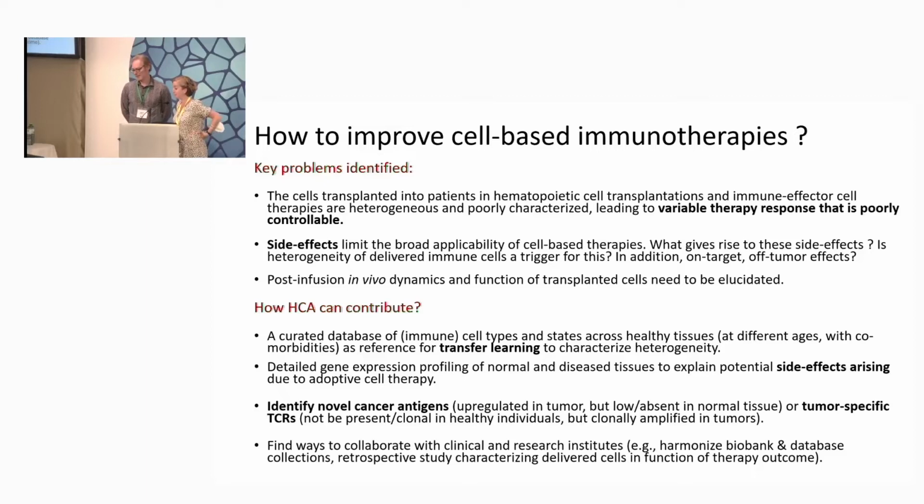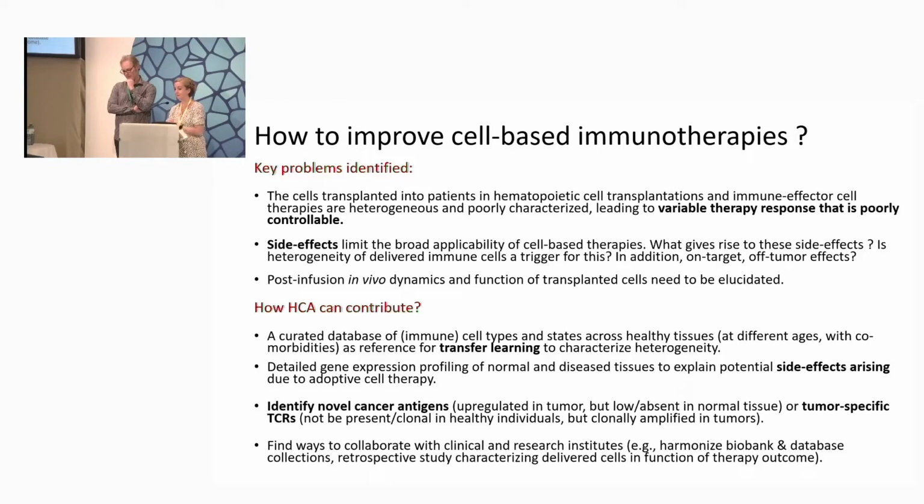So we are the cell-based immunotherapy group, and we had a very interesting discussion. I come more from a clinical and translational side. Here's a cancer researcher. We first discussed the key problems that we identified in cellular therapies, and we focused on hematopoietic stem cell transplantation and immune effector cell therapies.